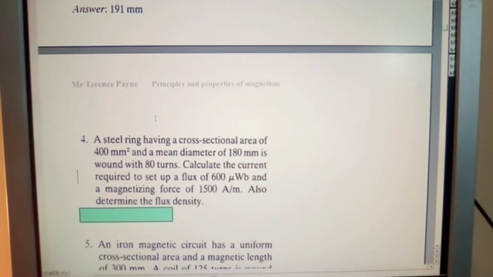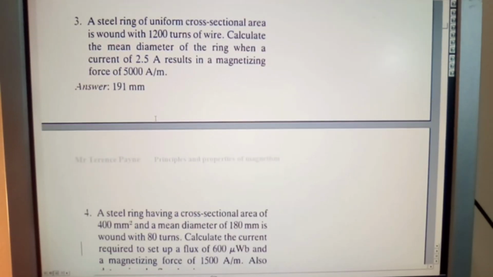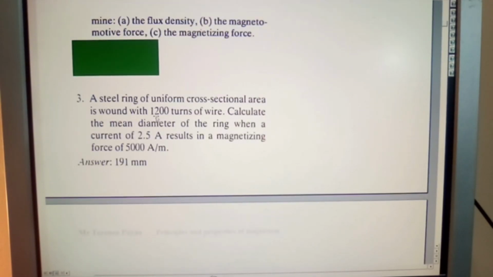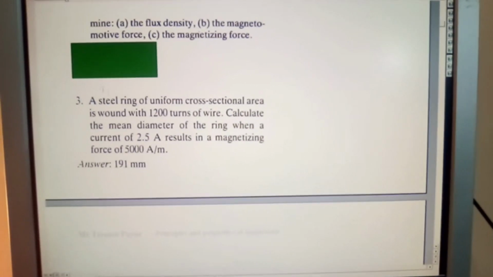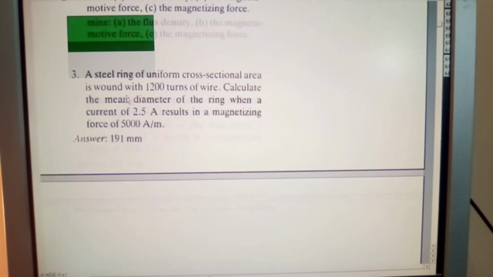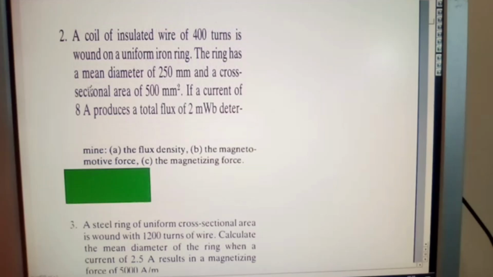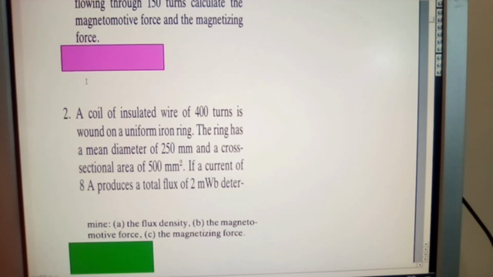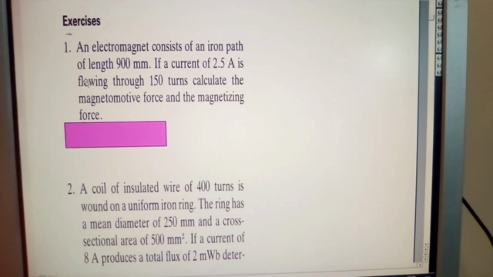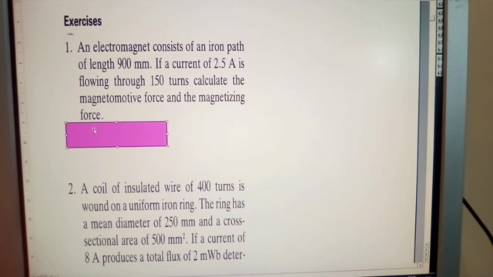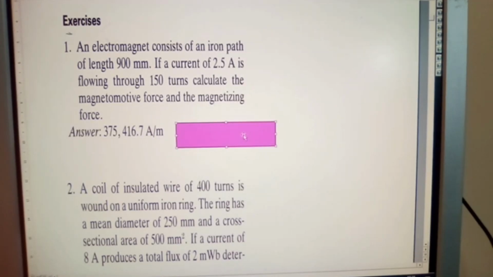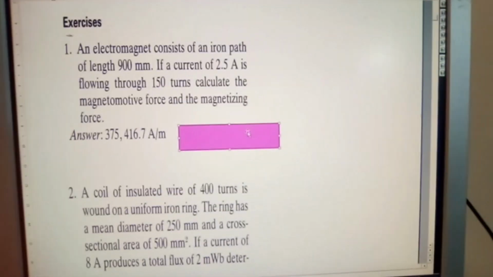And make sure that the answers that have been shown are correct. That is your answer.